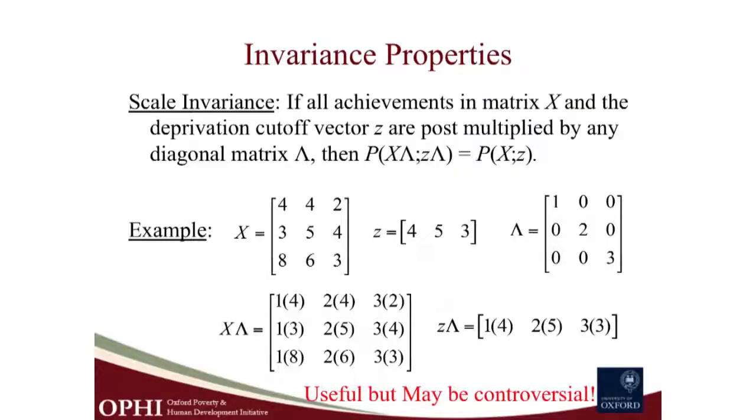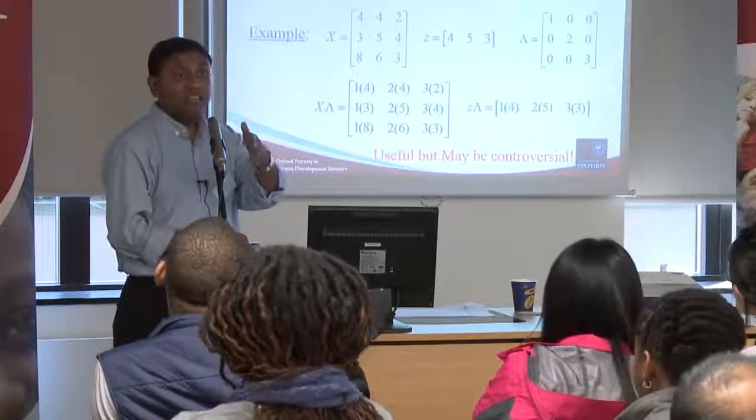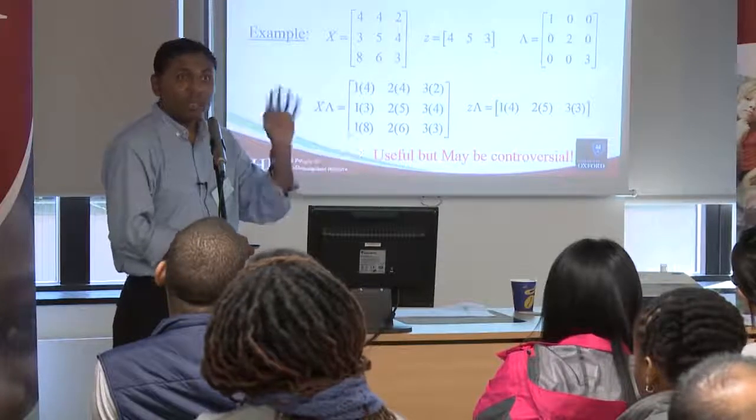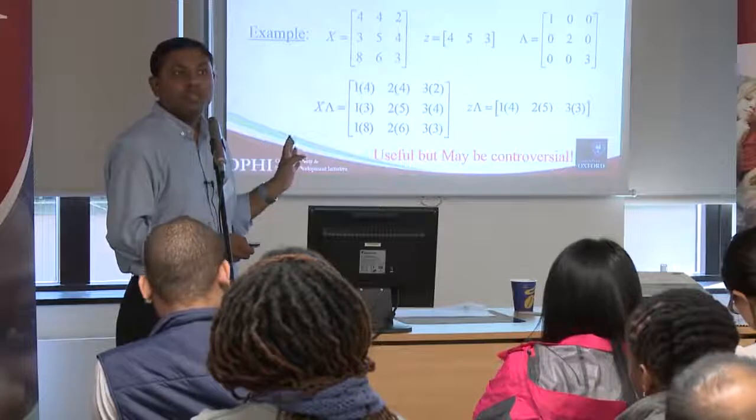It's just the numbers change. Should that change poverty? Probably no. It's the same idea here. But again, it could be controversial, as some people think that addition of incomes should be more important than the rest. But otherwise, if you look at it from the unit of measurement point of view, this particular property makes sense.